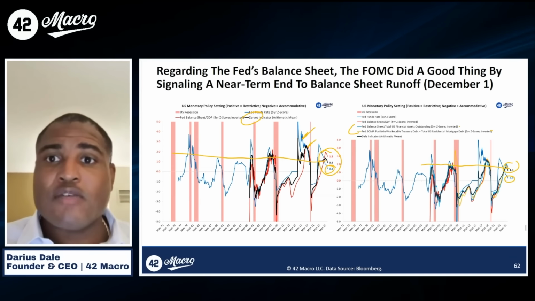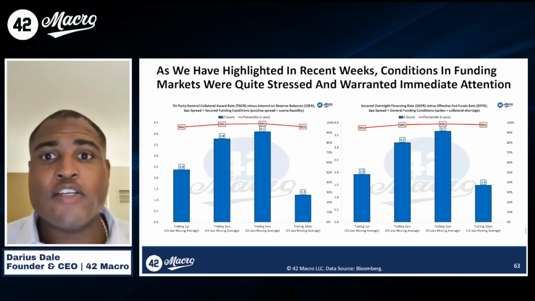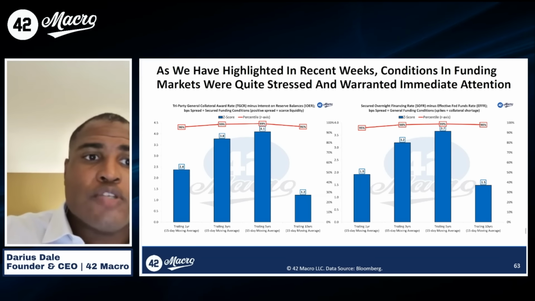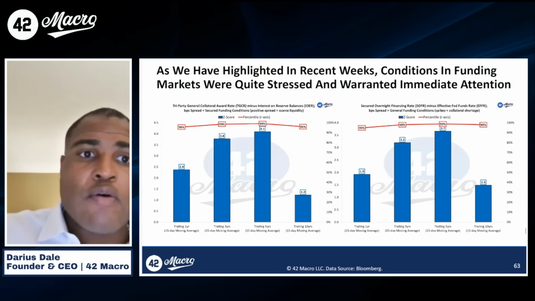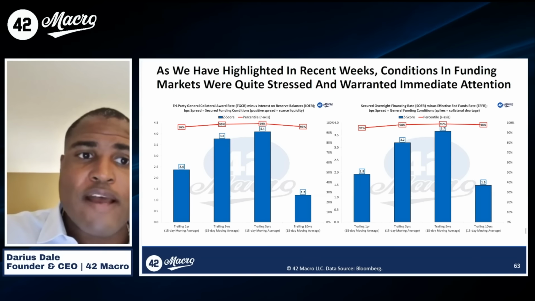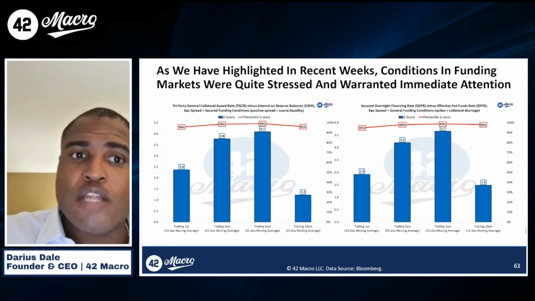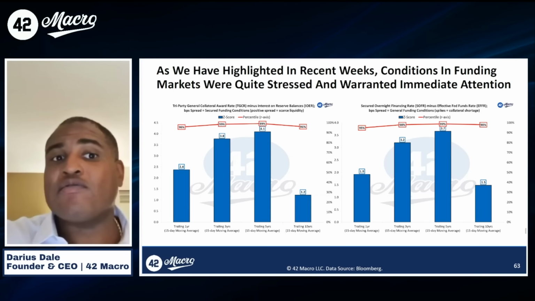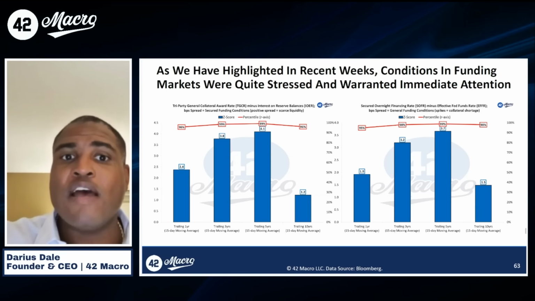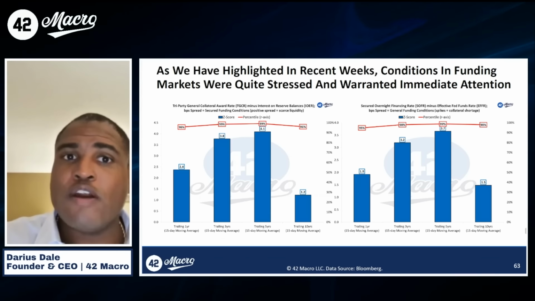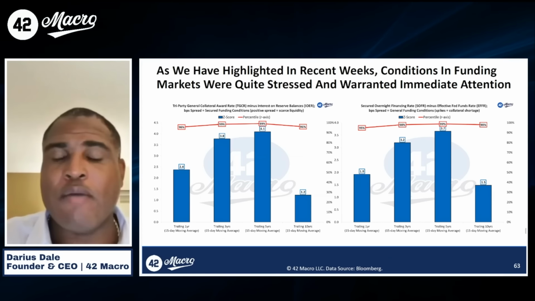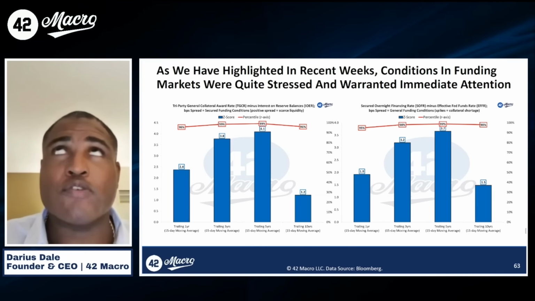As we've highlighted in recent weeks, conditions in funding markets were quite stressed and warranted immediate attention. So the chart here on the right shows the tri-party general collateral repo rate minus the interest on reserve balances. So the spread between those two levels is an indication of secured funding conditions. Whenever you have a positive spread, i.e. the TGCR is above IORB, that means there's scarce liquidity, because typically it tends to be lower than IORB, because the Fed is trying to operate with this ample reserve regime framework.